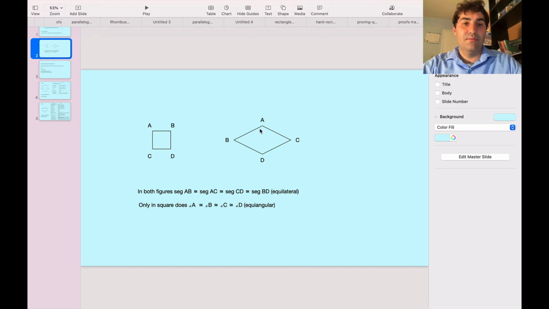Normally I don't recommend doing that, but I do it for this. Angle A is larger than angle B. You can just tell by the picture. Like I said, you can always trust your eyes, so I just did it for this example, but at any rate, the rhombus ABCD is not a regular polygon.